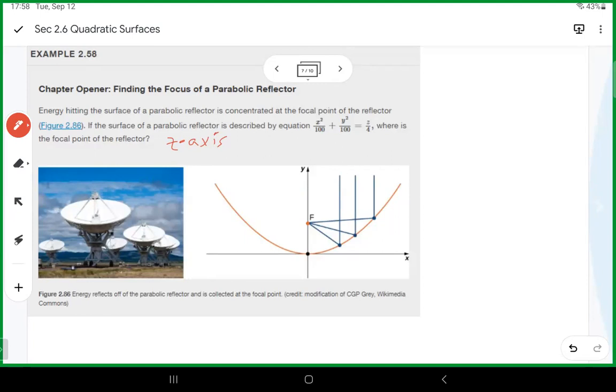So the coefficients of x squared and y squared are equal. So the cross section of the paraboloid perpendicular to the z-axis is a circle.